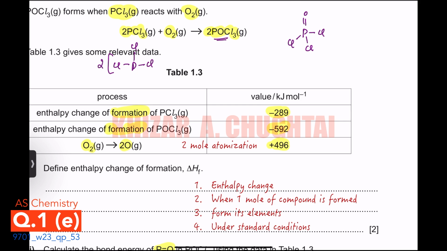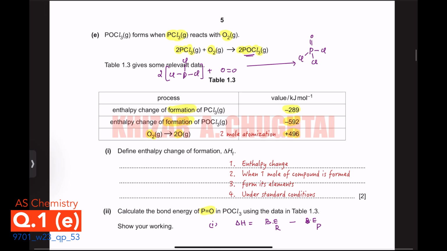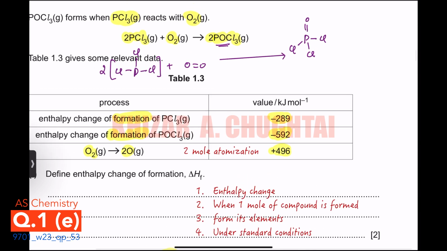It's 2 mole, 1 mole O double bond O, and goes to this one. So whenever they are asking to find the bond energy, or the bond energy is given and we find the delta H, then we will make a displayed formula of all species on both the right hand side and the left hand side, and then we will count the bonds.